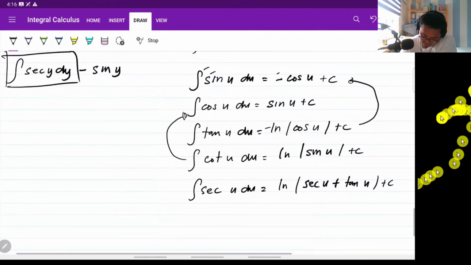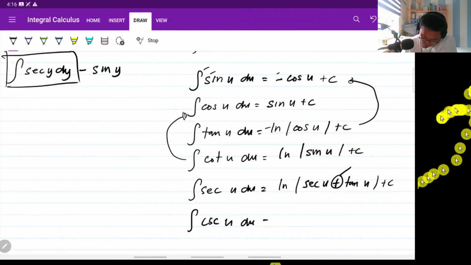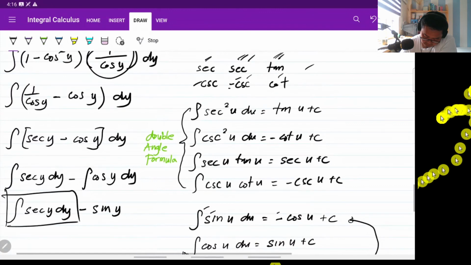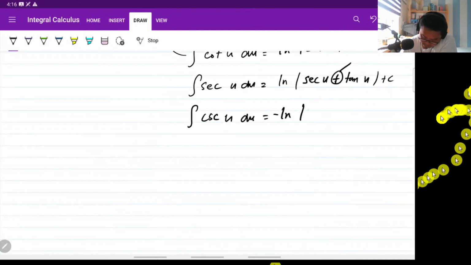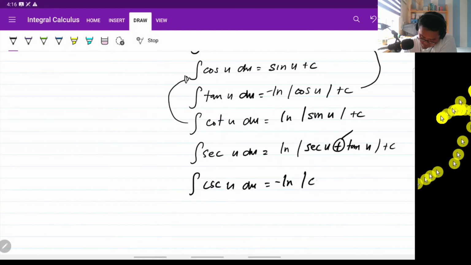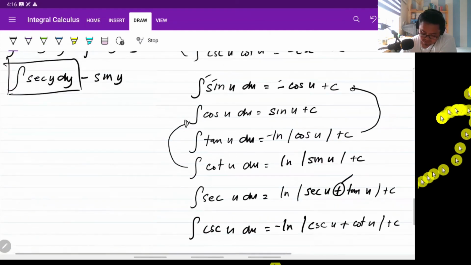The only difference is this is a plus sign. For the last one, the integral of cosecant u du, that would be negative ln of cosecant u plus cotangent u plus c. Okay, that's it.